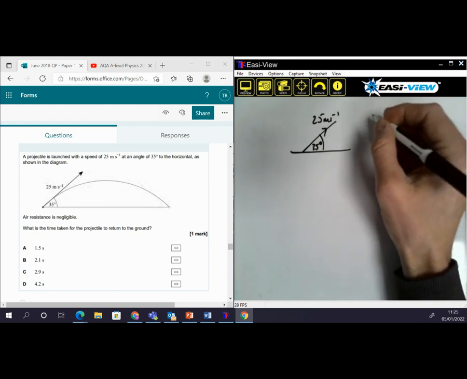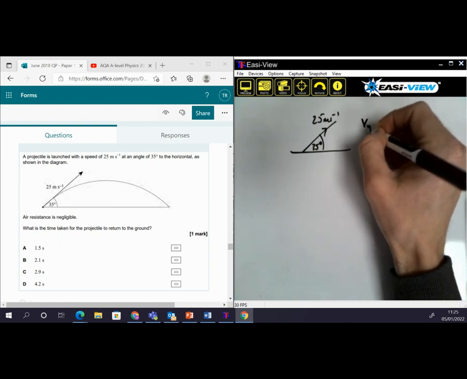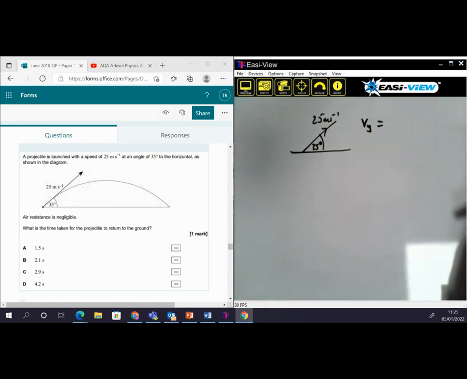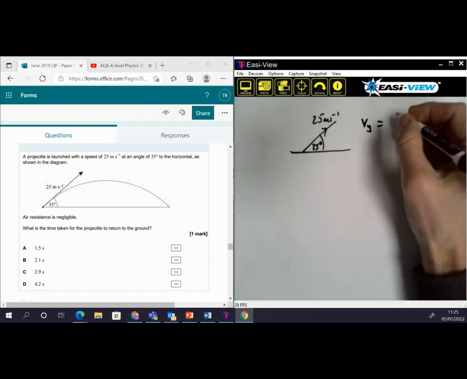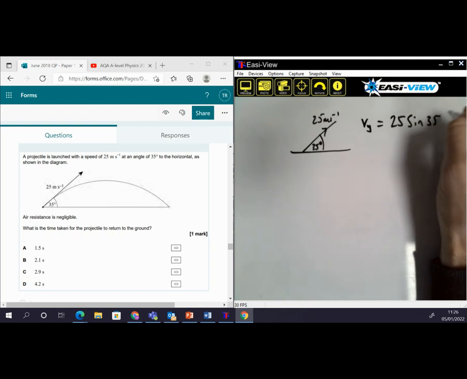So we are looking at, I'll call it Vy, using the standard graphical notation for that component. So Vy is going to be 25, and then we just need to remember whether it's sine or cos, and I would consider it away from the angle, so it's sine 35.